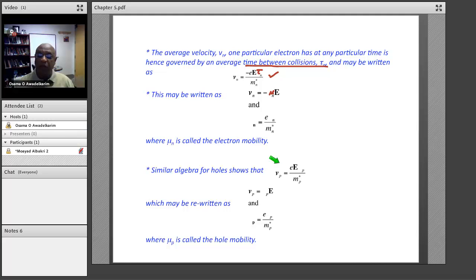So we can take all of these factors together, and instead of them put mu_n. So our mu_n is this quantity here.